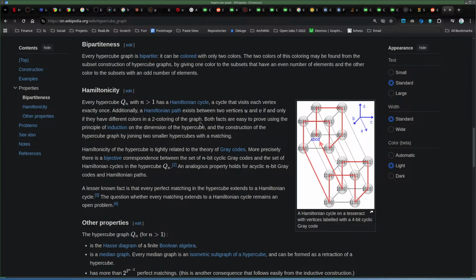Okay, how do I generate that? Shall I click on it? Additionally, a Hamiltonian path exists between two vertices u and v if and only if they have different colors in the two-coloring of the graph. Where's my image?